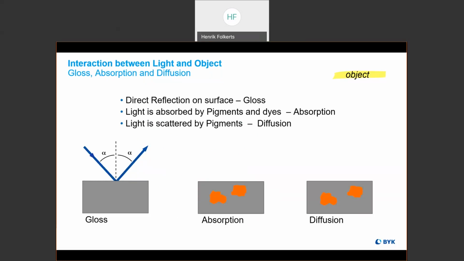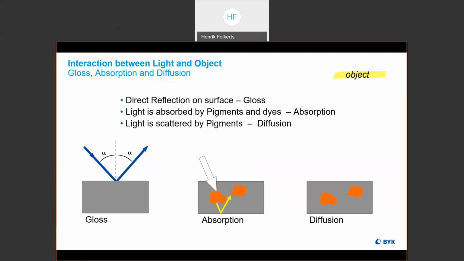The angle of incidence is equal to the angle of reflection. Approximately 4% of the incident light is specular reflectance. The remaining light penetrates the sample and interacts with the sample pigments and other compounds.